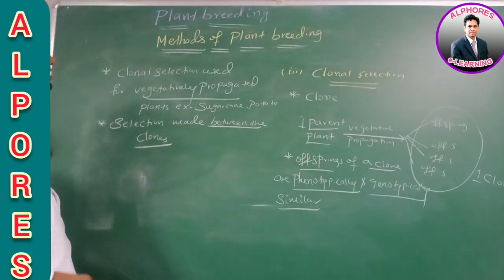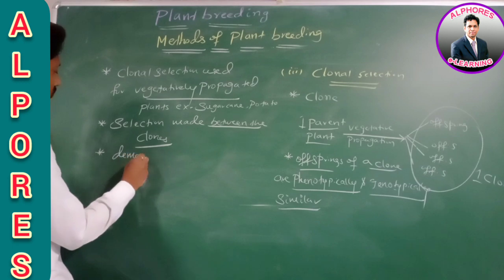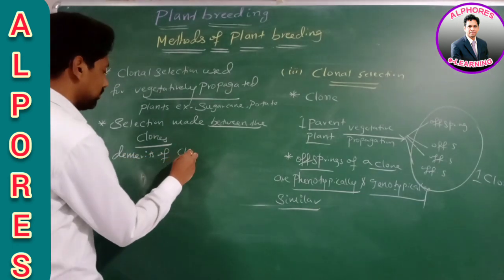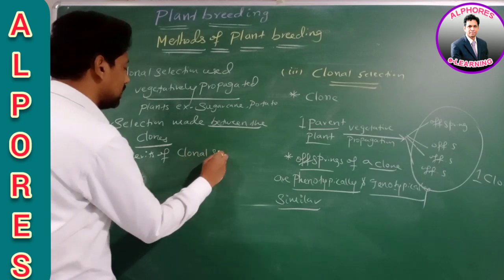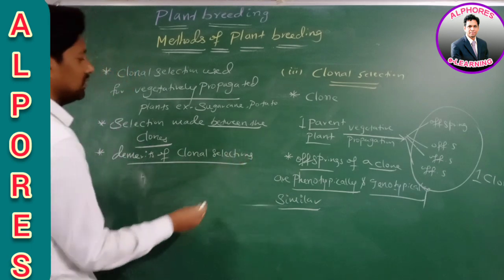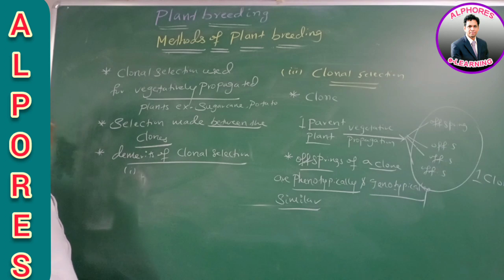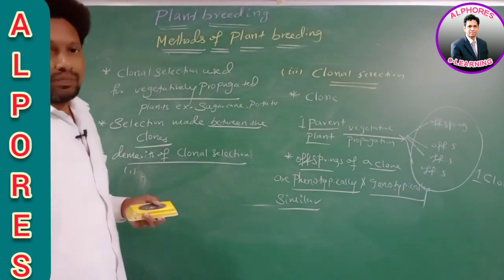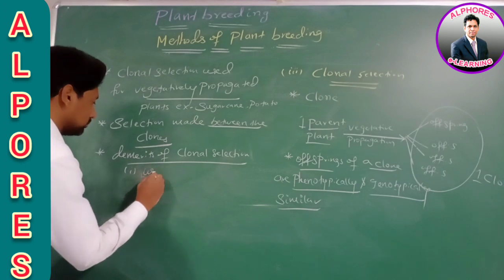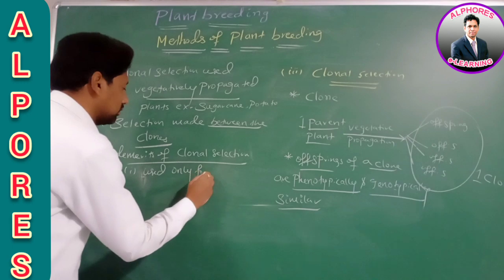What are the demerits of clonal selection? Number 1, it is used only for vegetatively propagated plants.